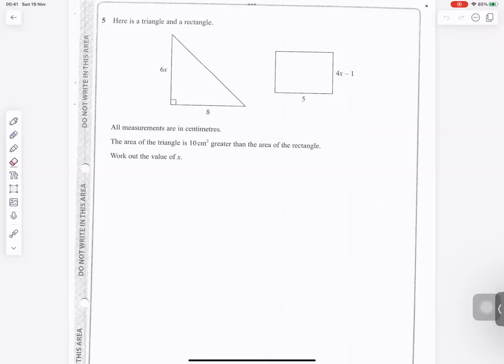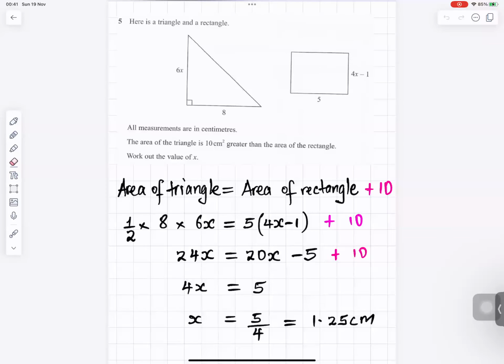Question number 5. The area of the triangle is the same as the area of the rectangle plus 10. So area of triangle, same as area of rectangle plus 10. So what we do now is area of a triangle is half base times height.